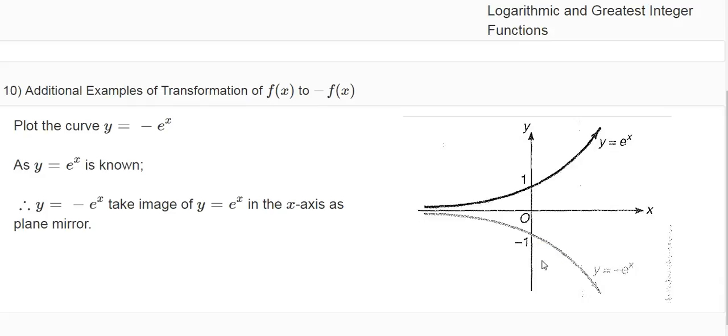In case we ever get confused, even if we are given a very complex graph and we are in the middle of it and we have to transform the value of f(x) to minus of f(x), then just take a simple graph, say of modulus of x, and remember how we had transformed it, and we would recall that we had taken the mirror image along the x-axis in this case.